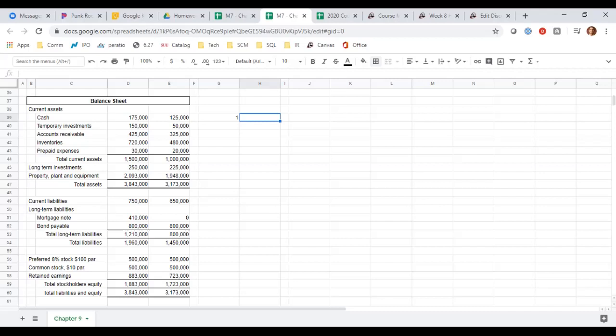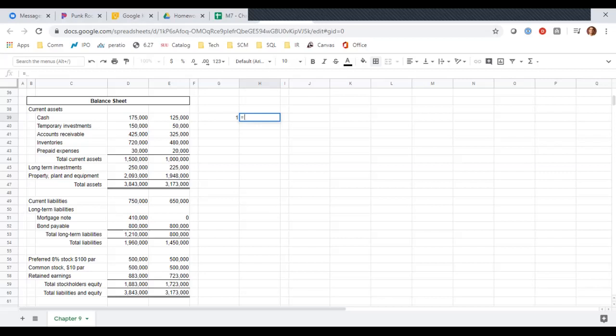And for me, what's most important is making sure that you're using referential formulas. Okay, so working capital, for example, is just current assets minus current liabilities. So I'm going to find my current assets. I'm going to subtract my current liabilities.